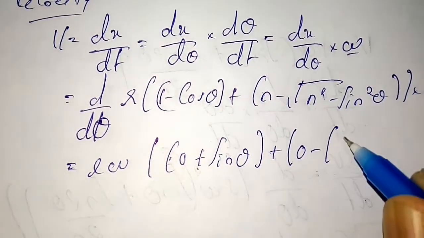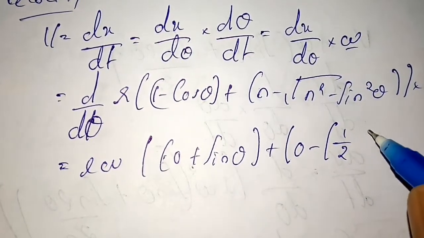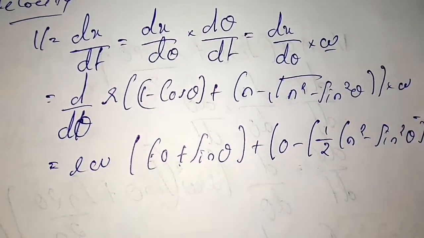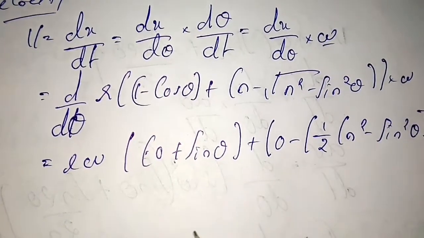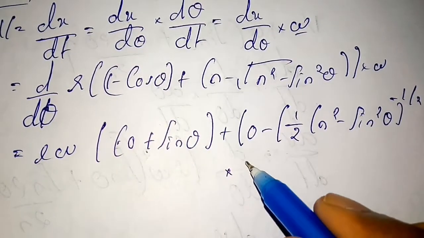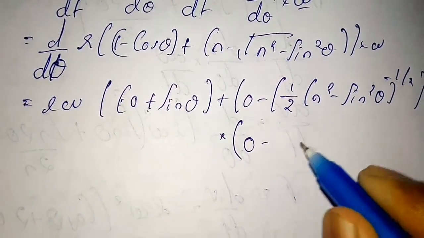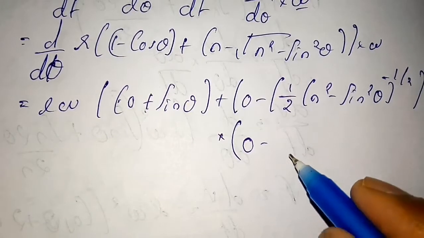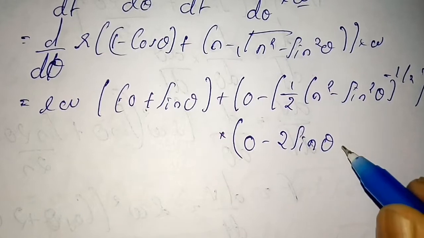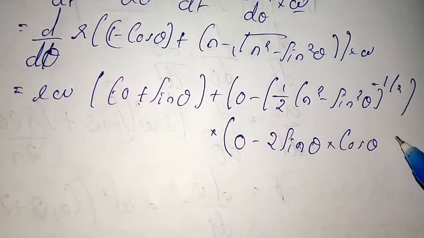It will be n raised to n minus 1, so into root of n square minus sine square theta raised to minus 1 by 2, and into the derivative of n square, which is 0, minus the derivative of sine square theta, which is 2 sine theta into the derivative of sine theta, which is cos theta.